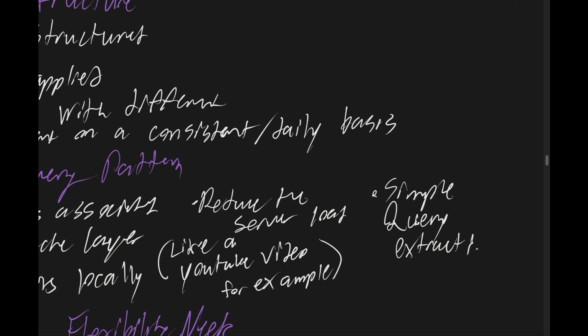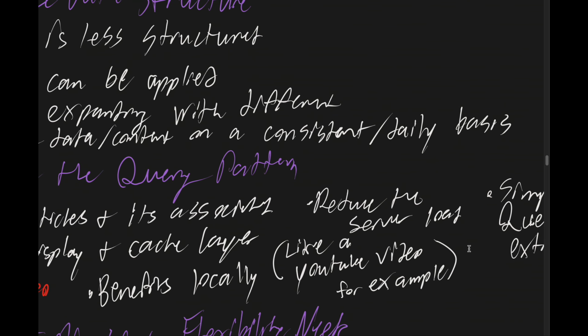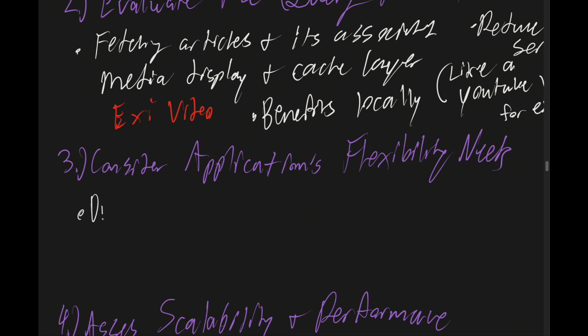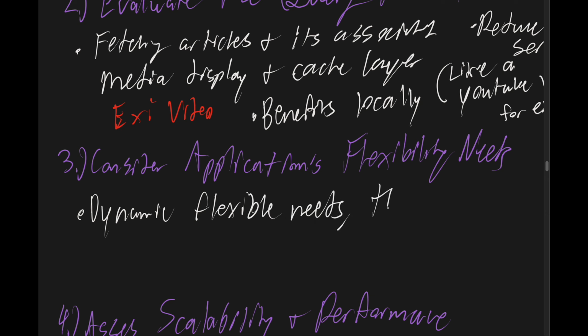Extraction. We'll have to consider the application's flexible needs, dynamic, flexible needs, the data is ever expanding, because the content management system needs to adapt to varying content types and structures.